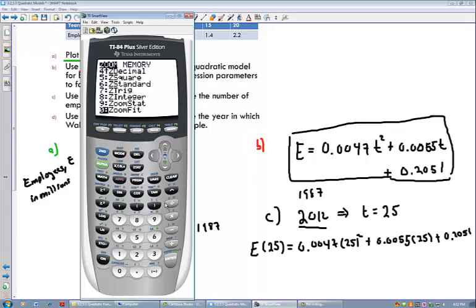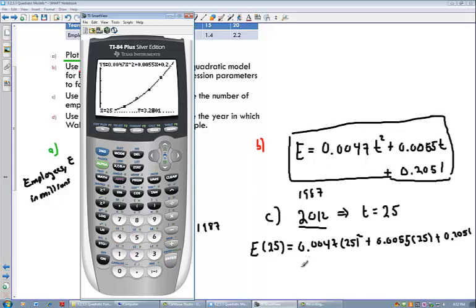So I'll refit this window. Go to zoom, zoom fit. And now I get a nice looking graph. When I hit trace and go down, because I want to be on the actual graph, and now I hit 25 and hit enter, it's going to spit out a number.